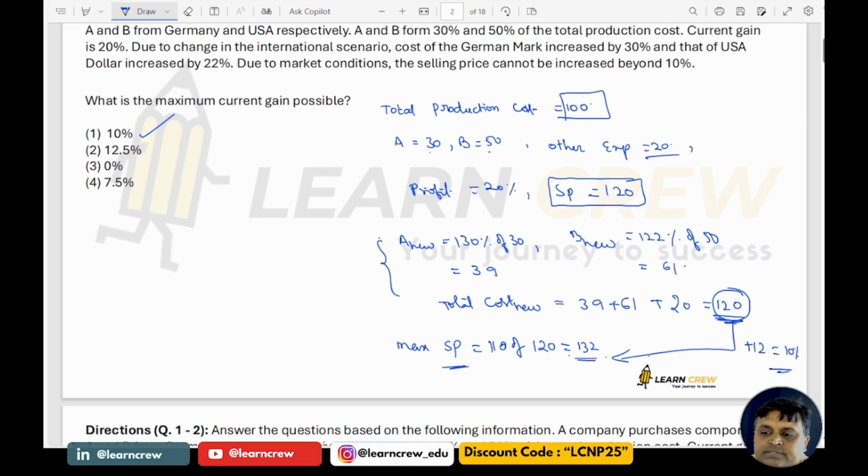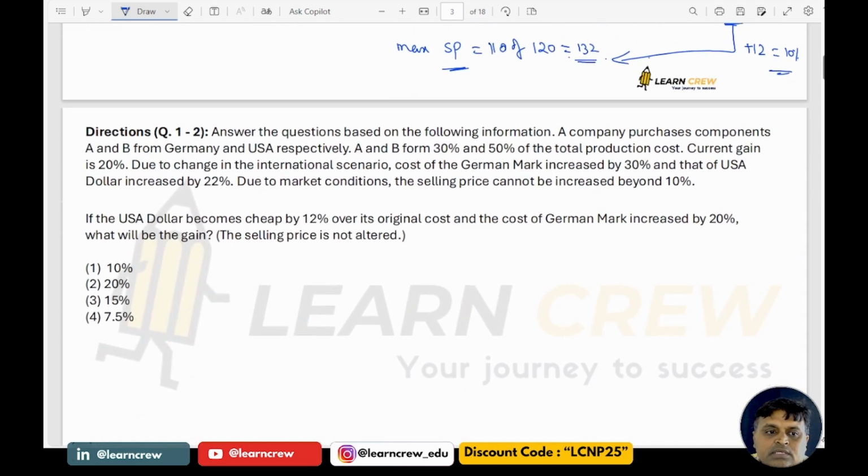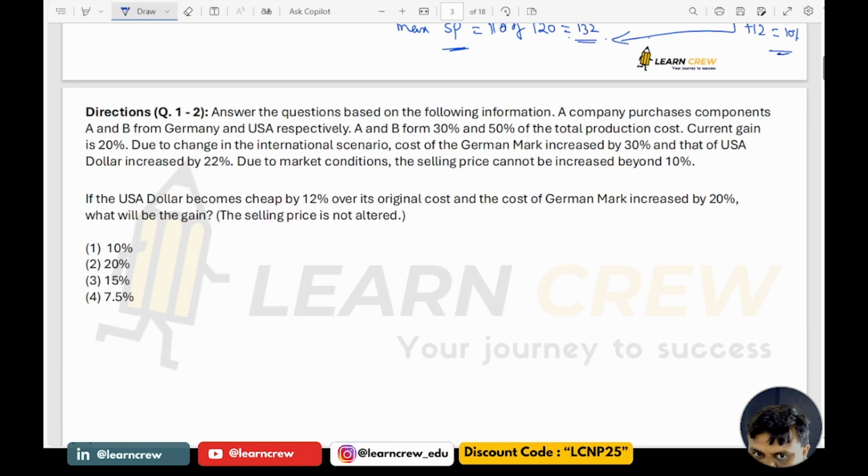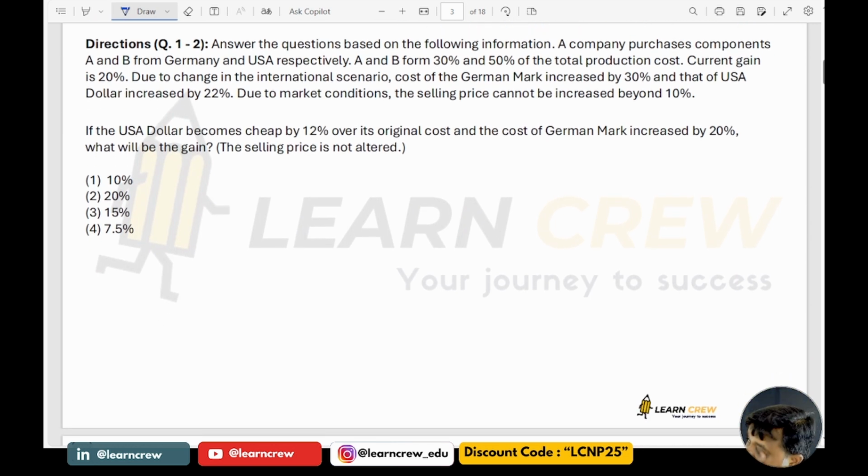Now second question. If USA dollar becomes cheap by 12%, so B is reduced by 12% over its original cost, and the cost of German mark A increased by 20%. Then what will be the gain?